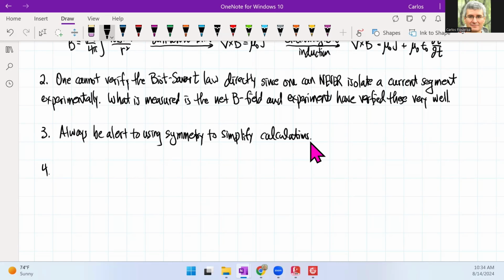I would say there's a misleading statement about the Biot-Savart law, and we should probably talk about this a little bit.